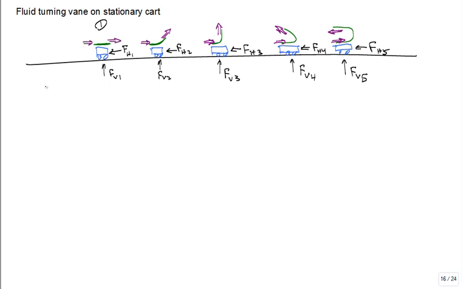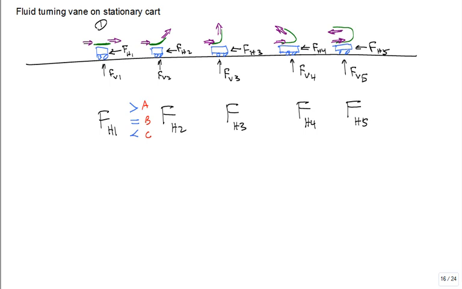Okay. We want to compare all 5 of these. Do you want to compare the horizontal or vertical first? The horizontal, okay. F_H1, F_H2, F_H3, F_H4, and F_H5. I'll ask a clicker question: is F_H1 greater than, equal to, or less than F_H2?